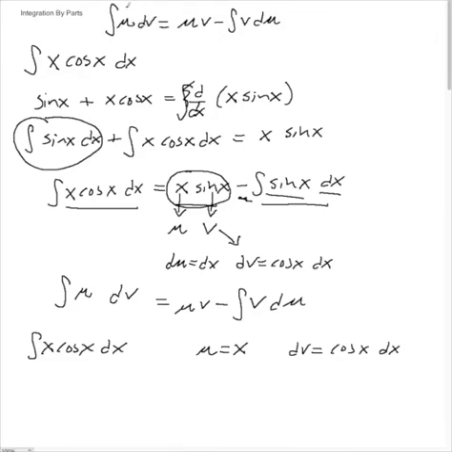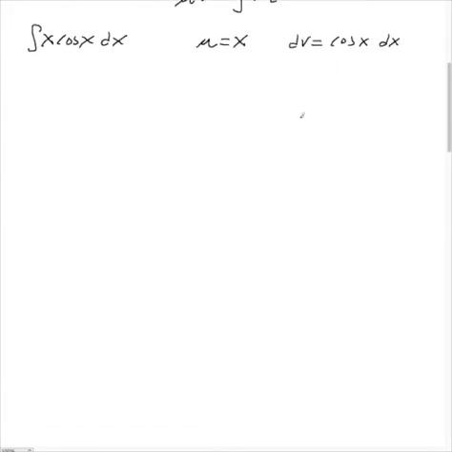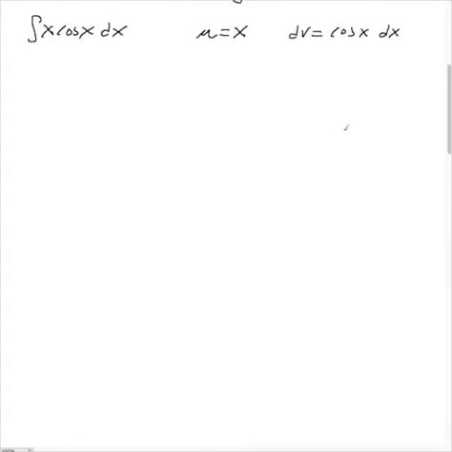So we're required to pick u and dv, and from our choice of u and dv, we should be able to reduce this to a simpler integral according to the formula. Now, once we choose u and dv, we're locked in. That means that du would have to be equal to 1 dx, and v... Now, if dv was cosine, that must mean that I had to have differentiated sine to get it.